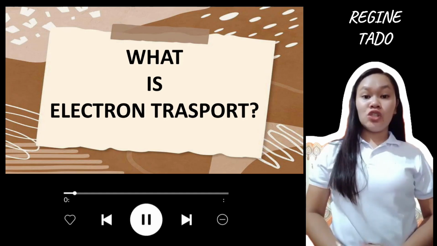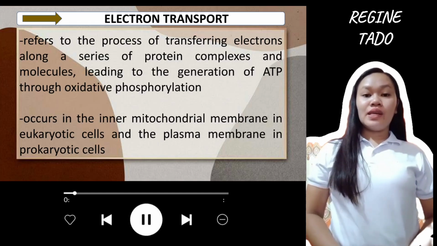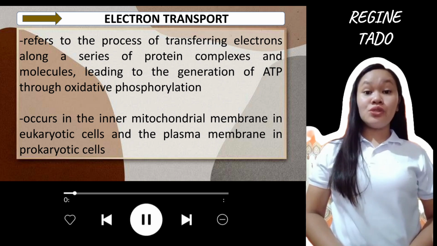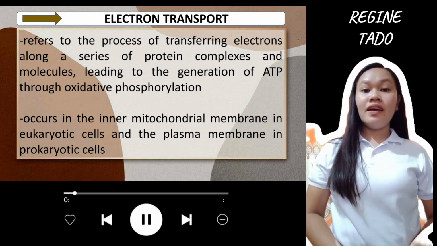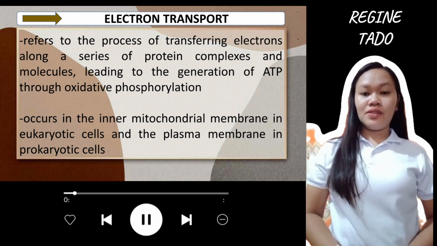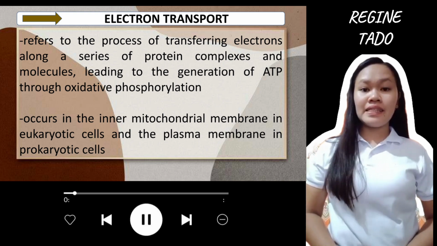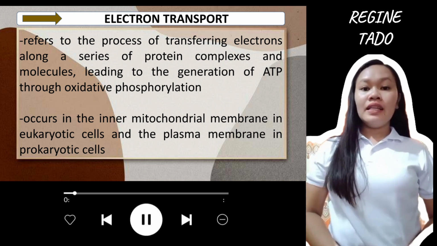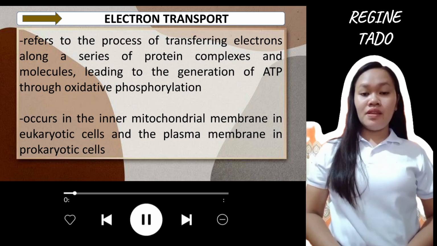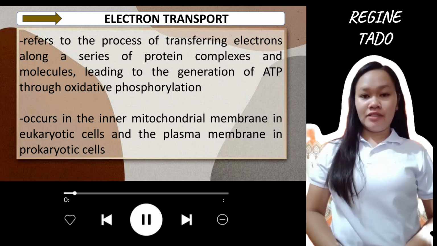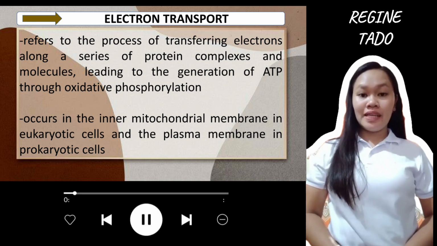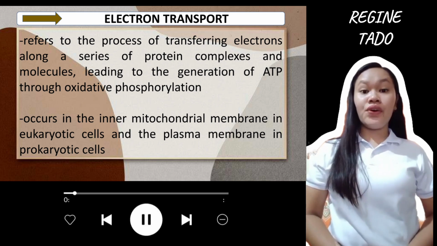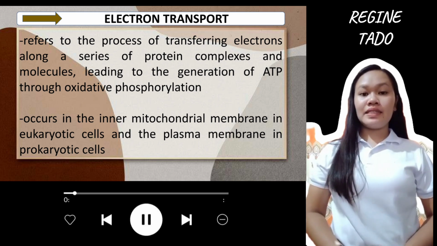Let's understand what electron transport is. Electron transport refers to the process of transferring electrons along a series of protein complexes and molecules, leading to the generation of ATP through oxidative phosphorylation, which serves as a vital mechanism for energy production in cells.